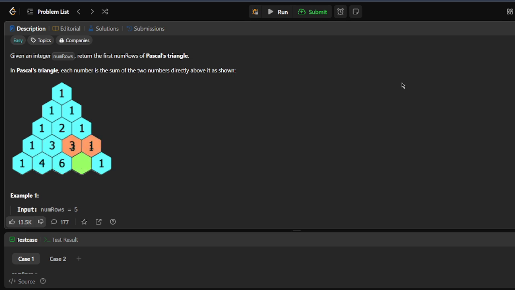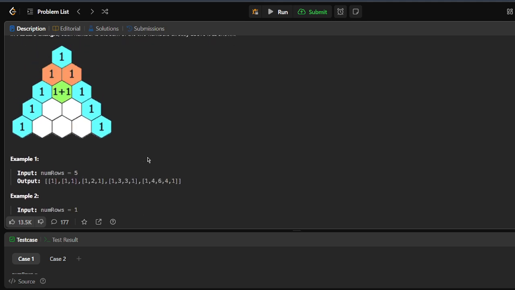If you understand this question, please go and solve it by yourself. If you solve it, please comment in the comment section that you solved it without using the solution, and I will see your comments and give a small red heart.